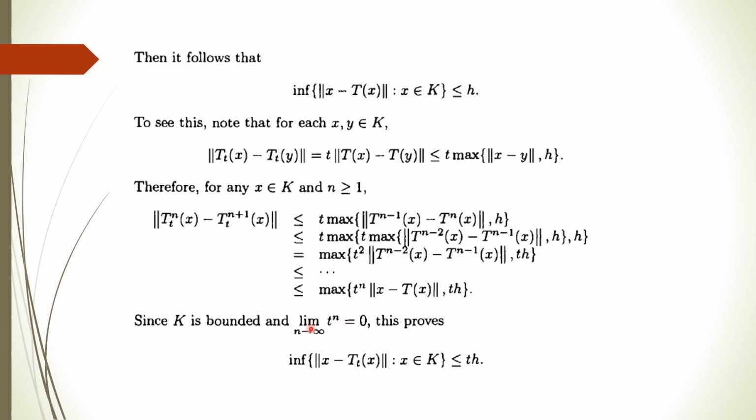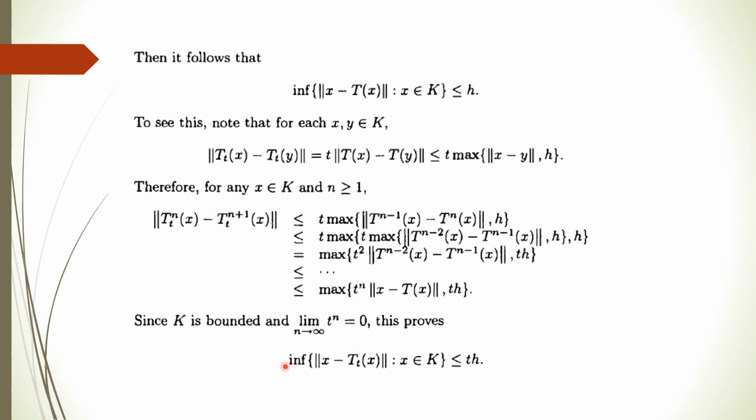Now further, t is a number lying strictly between 0 and 1, so the limit as n goes to infinity of t to the power n will be 0, and K is bounded. This above inequality is true for every n greater than or equal to 1, so clearly it will hold for n tending to infinity and for the infimum. So what we have, as n goes to infinity, is nothing but x, and this is nothing but tx.